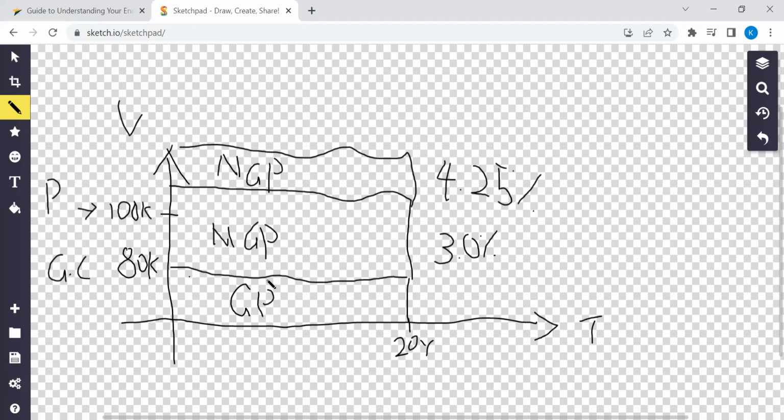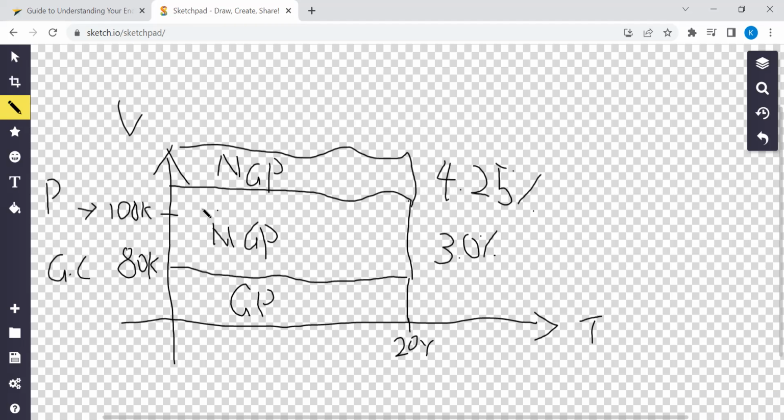So let's say for this example, we can see that the guaranteed portion is 80K, which is constant throughout the 20 years, for a product that has a 20-year time horizon. Assuming it's 3%, this is how much you are going to get when the policy matures.